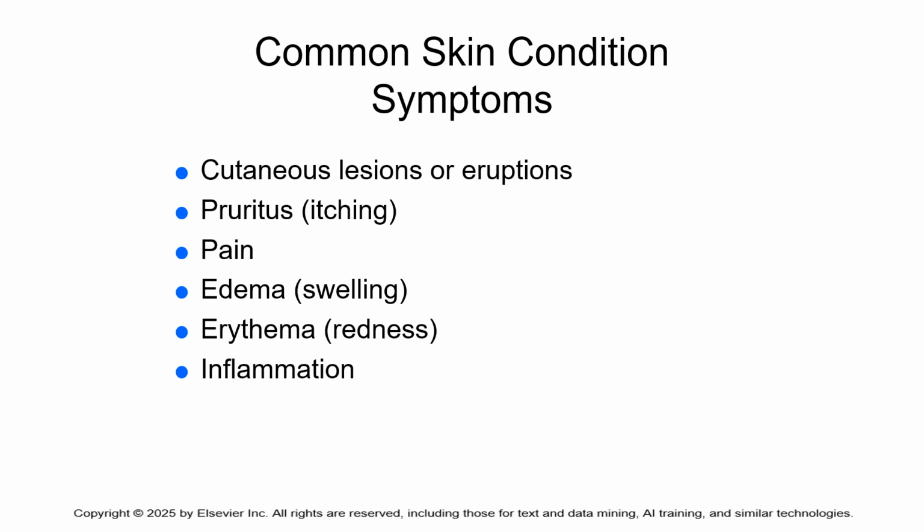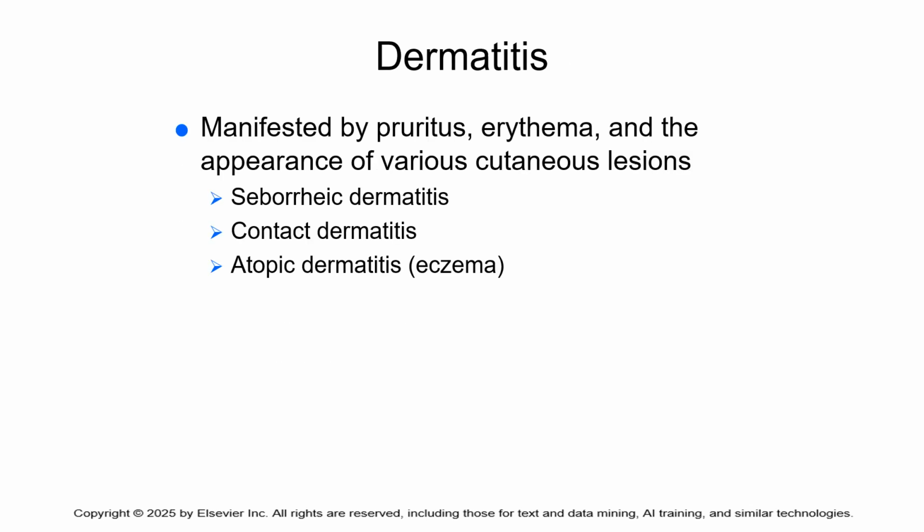It sometimes has tenderness, so it has multiple things that go with that one. Dermatitis is basically an inflammation of the skin, and it can be for a number of different reasons. Three types: seborrheic dermatitis, contact dermatitis, and atopic dermatitis or eczema. The common signs and symptoms for it are itching or pruritus, erythema, redness, and different variations of skin lesions themselves.